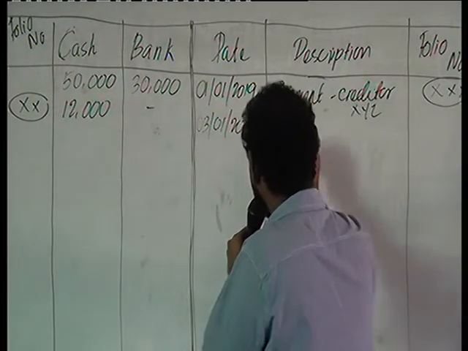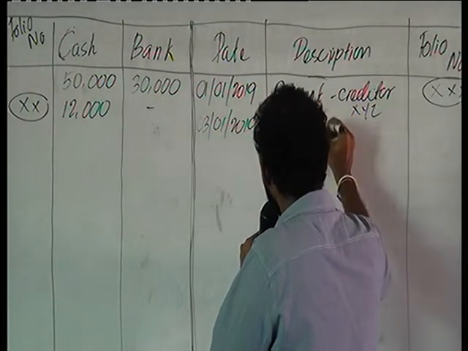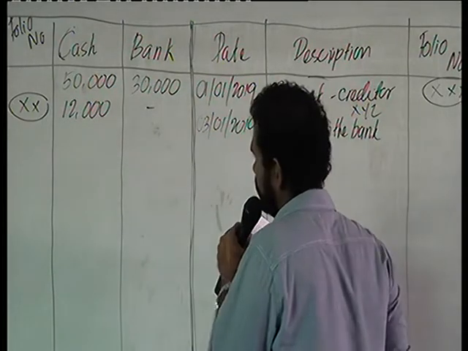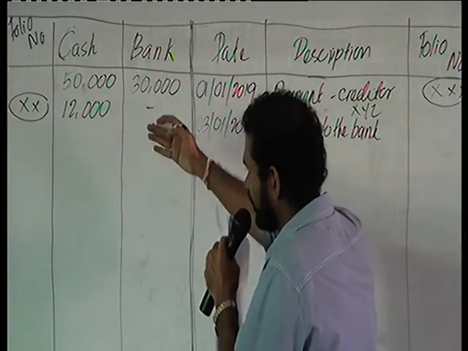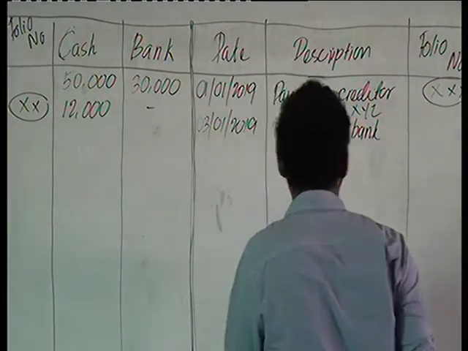So a reduction, deposit to the bank. How much? We have received 12,000, so the next day we are supposed to deposit that 12,000 into the bank account.